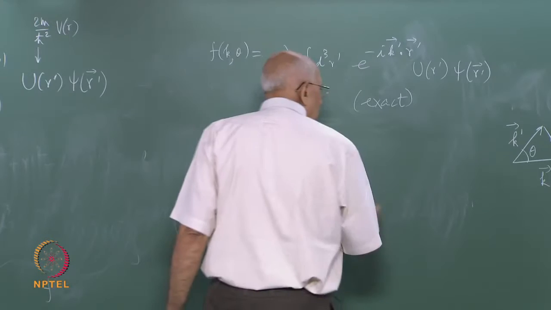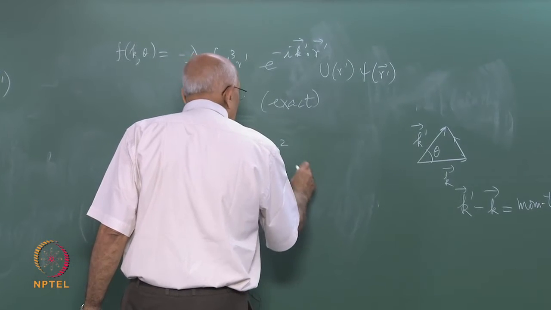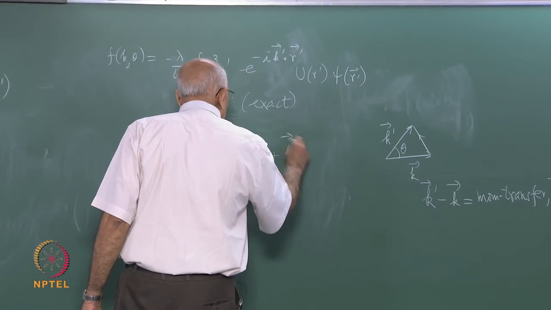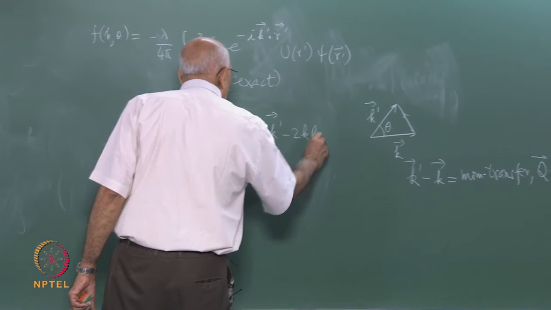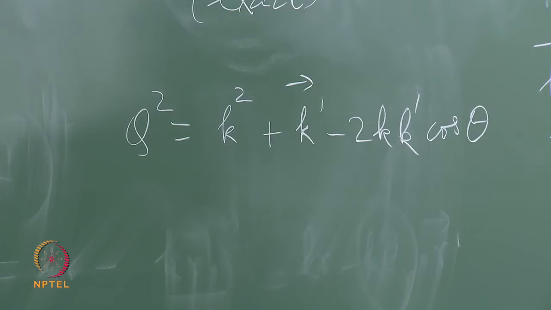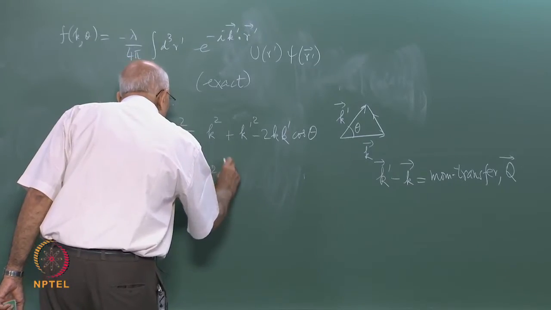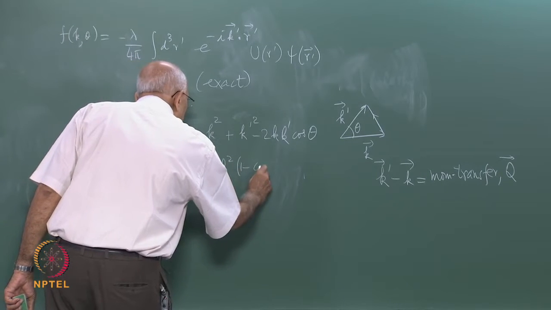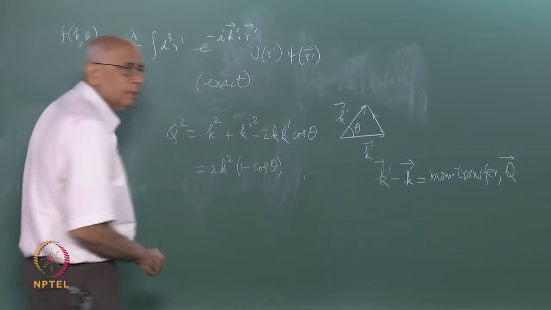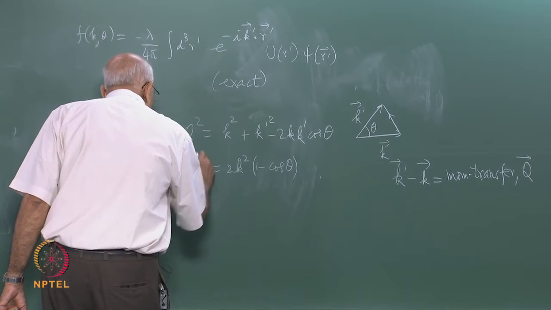Now it is immediately clear from here that q squared equal to k squared plus k prime squared minus 2 k k prime cos theta. But k prime squared is the same as k squared, so this is equal to 2k squared times 1 minus cos theta. Or if you like, so that is important.